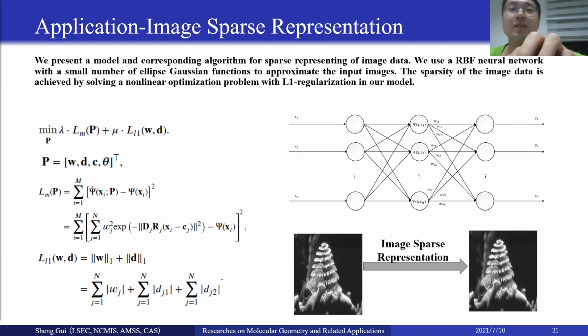The right term is the L1 regularization. xi is the location of the nth pixel. Cj is the center of the jth activation function.